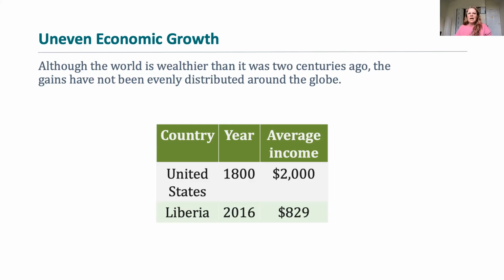That's saying that the people of Liberia today are not as well off as the people of the United States were in 1800, 200 plus years ago. In fact, if you do the math, in the United States, our per capita GDP is more than 50 times what Liberia's per capita GDP is today. So we're seeing a really uneven distribution of wealth across the globe.